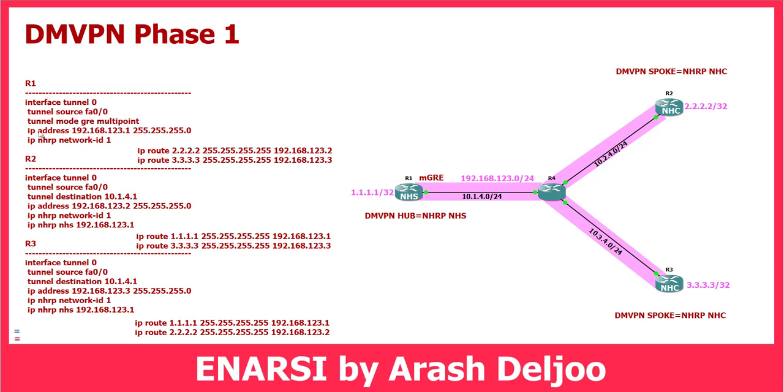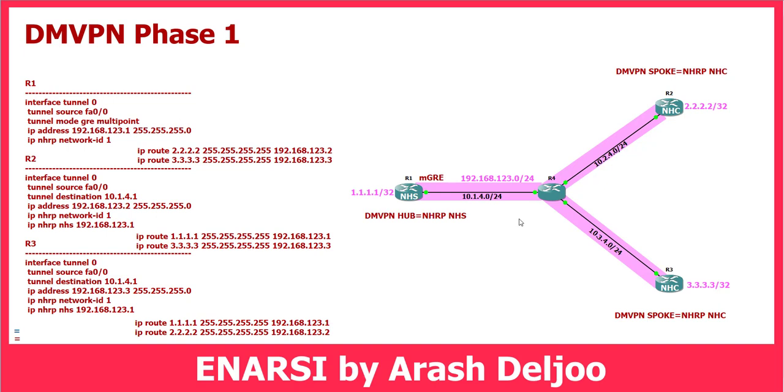After that, I have assigned the IP address 192.168.123.1 to this interface, and you know that we should configure ip nhrp network-id 1. Actually, this ID is locally significant and it is not required to enable the same network ID on all routers in this DMVPN, but it is recommended.